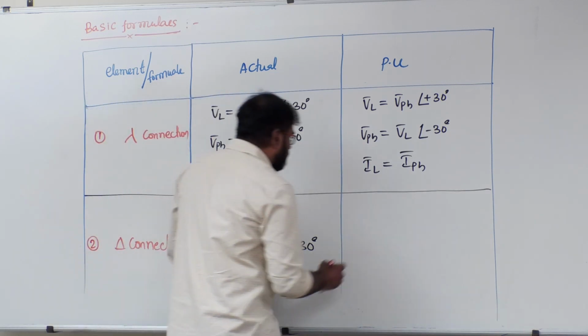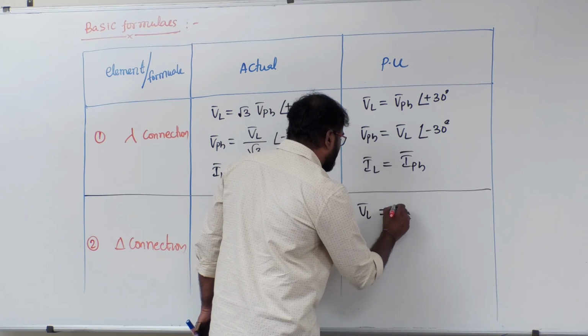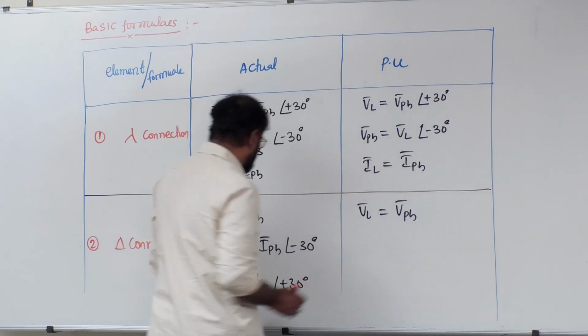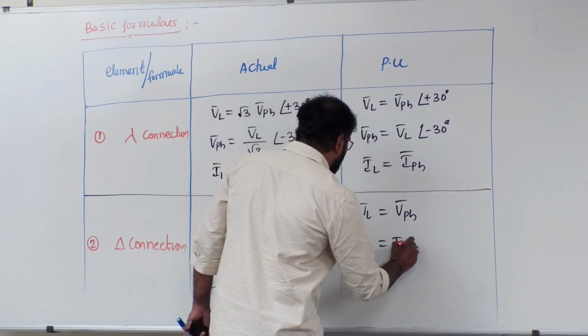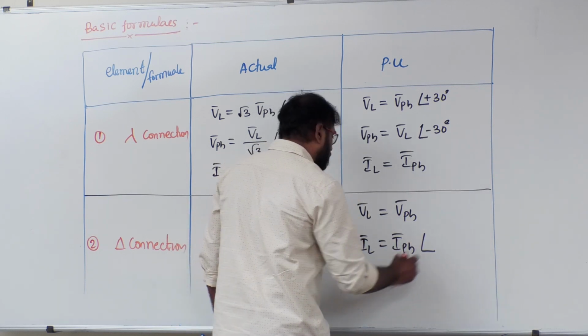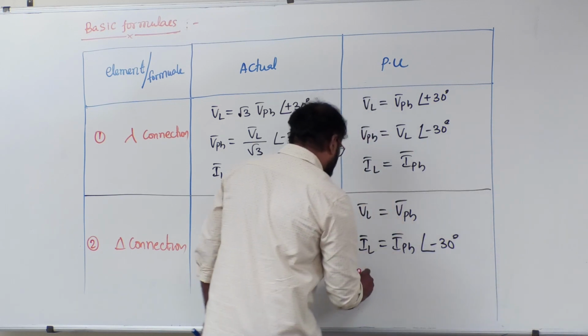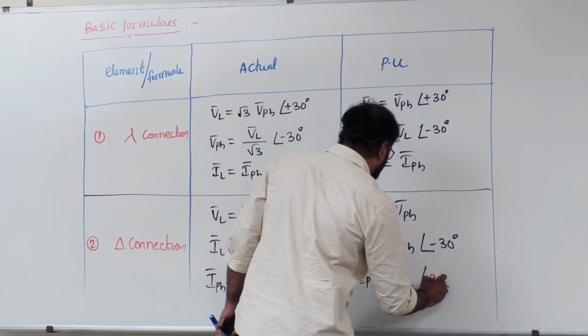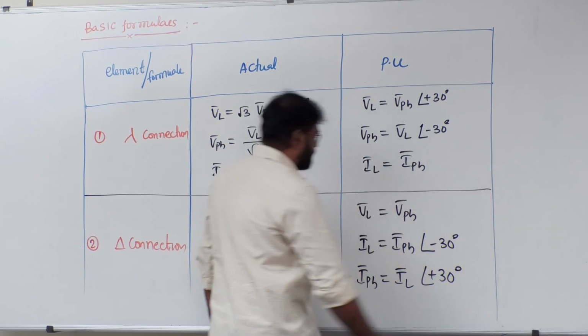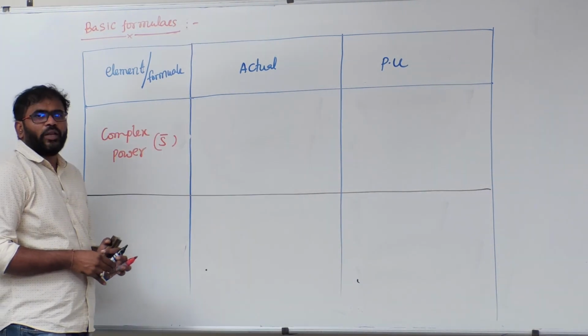Whereas in per unit form, line voltage in per unit equals phase voltage in per unit. That is true. Line current in per unit equals phase current in per unit, but at an angle minus 30 degrees. And phase current in per unit equals line current in per unit, but at an angle plus 30 degrees.